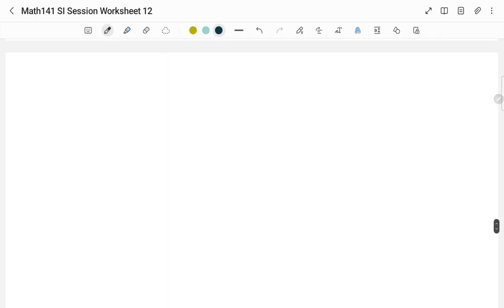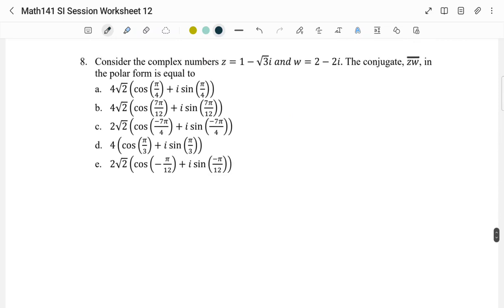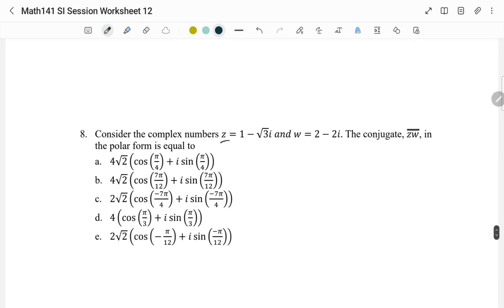Right, so I think that is it. The next one is also similar. You can easily apply it. You're given 2 complex numbers, z and w, and you're asked to find the conjugate of the product of those two. You just multiply both, first multiply z and w, and then finding the conjugate of that is easy work.